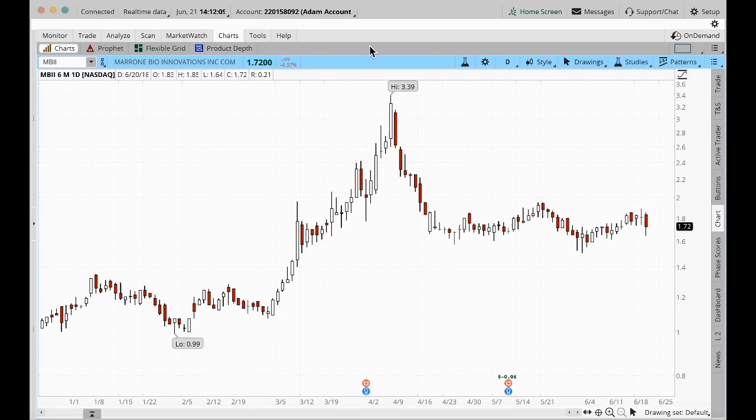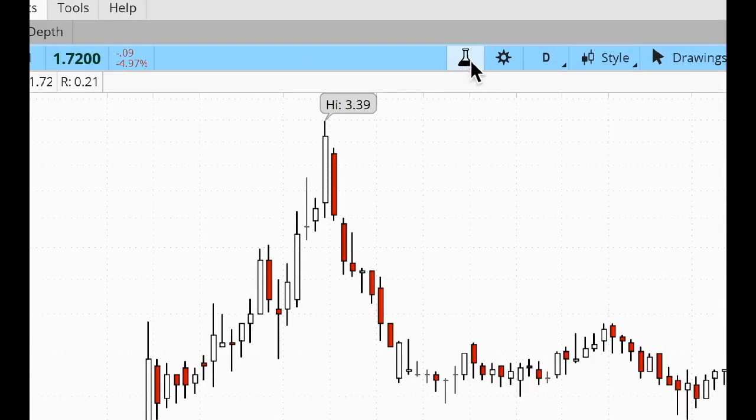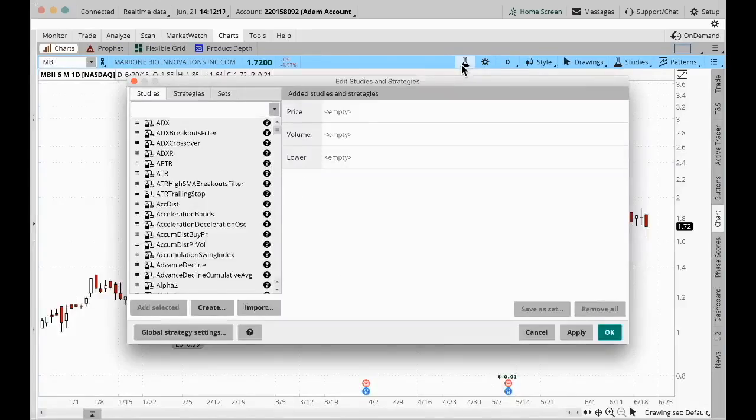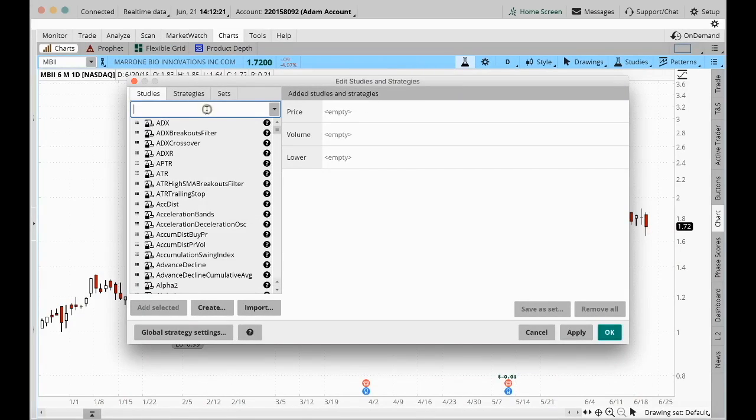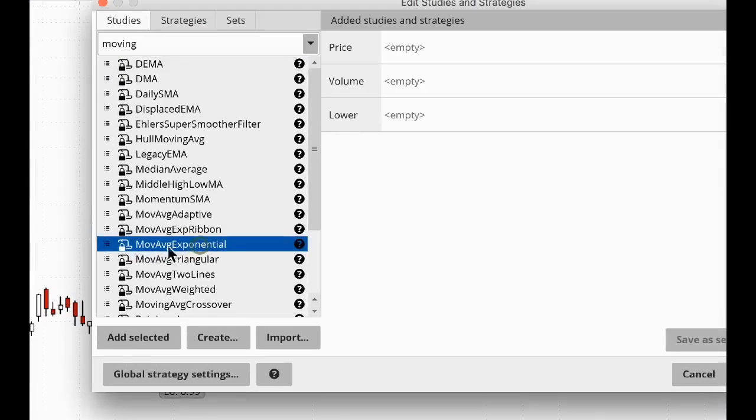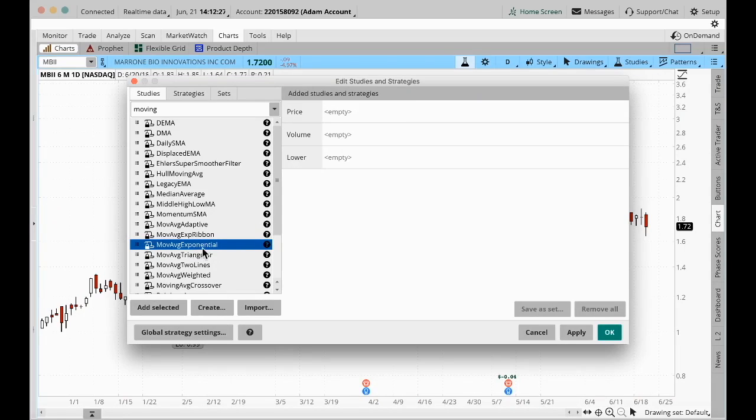And the first thing I'm going to do is put in the moving averages. So I'm going to go to this, which is the magic potion, which is basically to insert your studies and strategies, your indicators. And I'm going to select moving averages, exponential moving average.